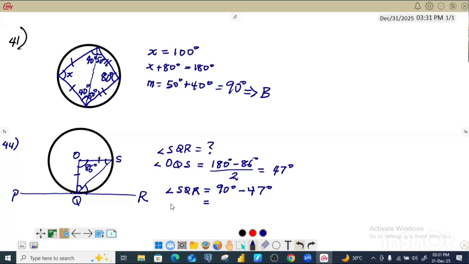So what will be the value of SQR? 90 minus 47 is 43, right? Yes, 43. And that's option A. The next question.